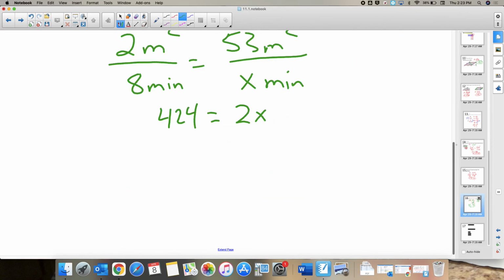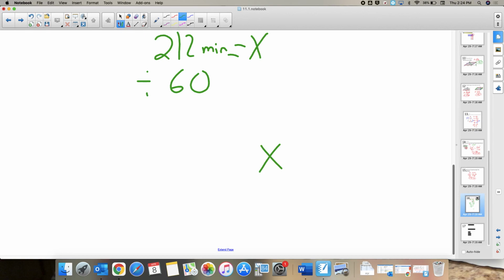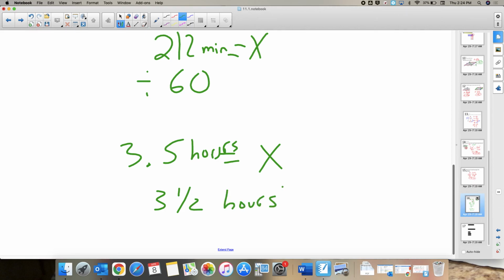Divide by 2, we have x equals 212. Now, keep in mind, that is 212 minutes. It says about how many hours will that take? So we divide by 60, and we get x to equal approximately 3.5 hours, or 3.5 hours if you would prefer.